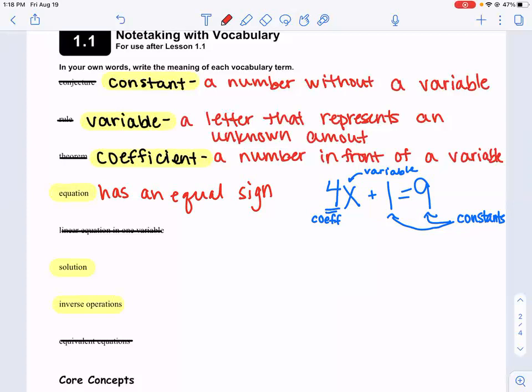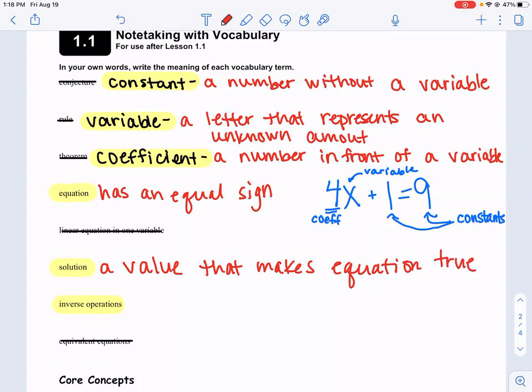It has an answer. Guess what? That's what we call a solution. So solution is just a fancy word for the answer. It's going to be a value that makes our equation true. Okay. So we're always going to be able to check our answer, or excuse me, our solution. We should be able to plug it back in and it works. Okay?